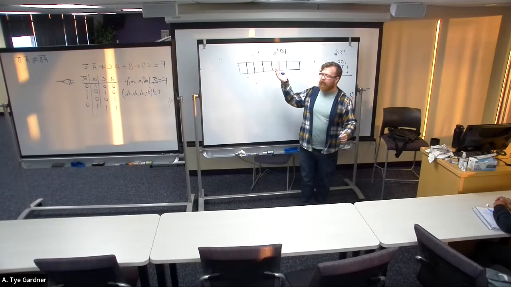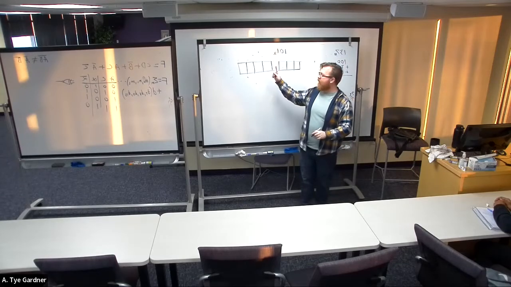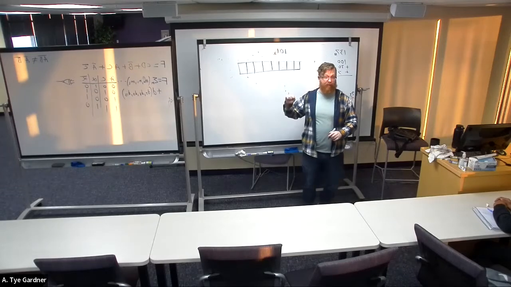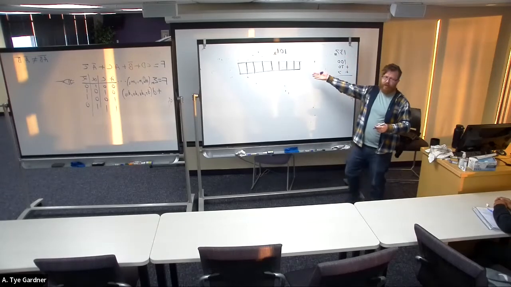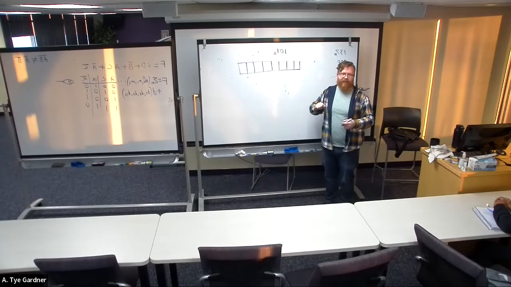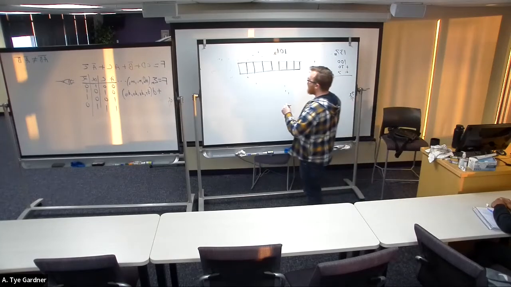Decimal has digits. We don't call them digits in binary because they're bits. Sometimes I get confused. All right.